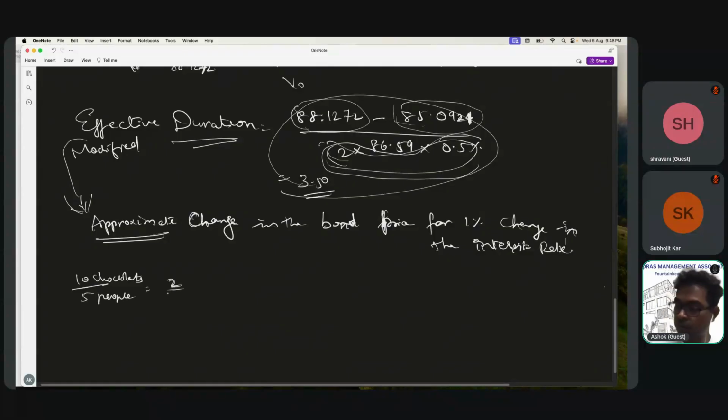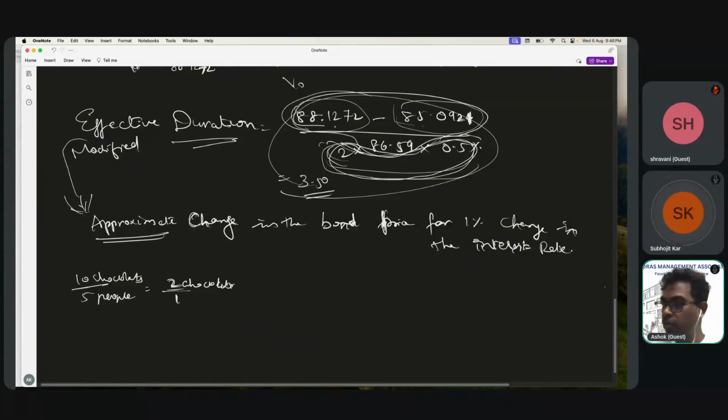Two means per person, they are having 2 chocolates per person. So when I divide, I get the value for per. Similarly, here the division is in percent, this YTM. So I will get the changes for 1%. You understood the logic?